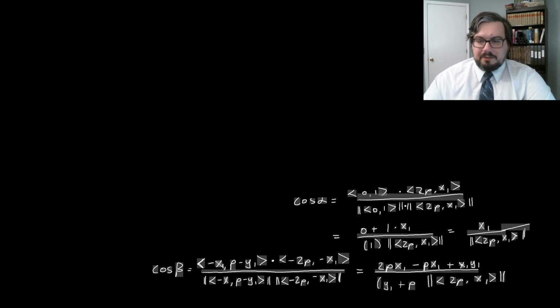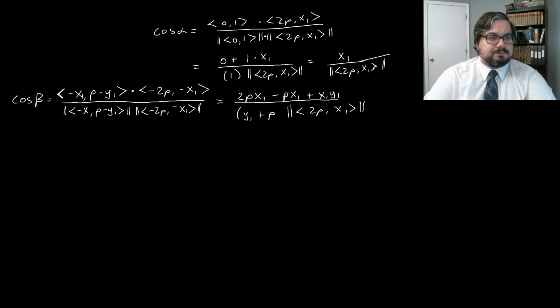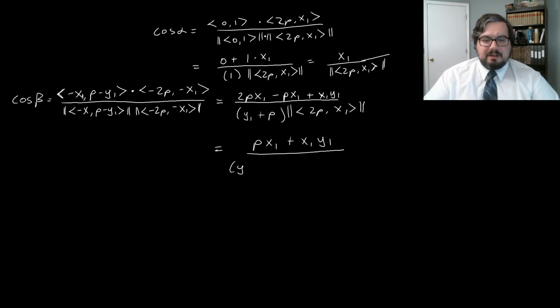All right, so this is what we have so far. So continuing with computing cosine of beta, we have 2px1 minus 2px1 gives us just px1 plus x1y1 in the numerator. And then we have y1 plus p times the magnitude of 2p comma x1.